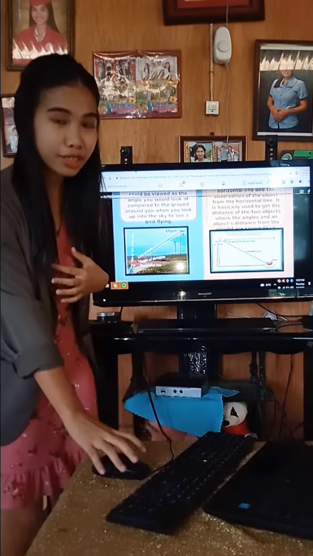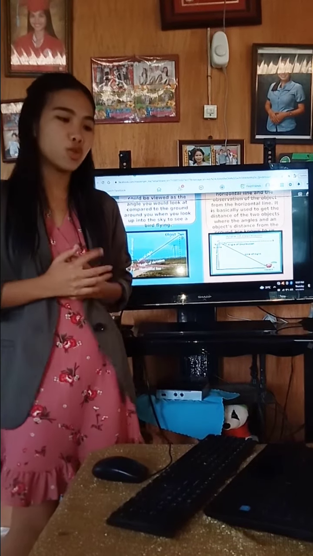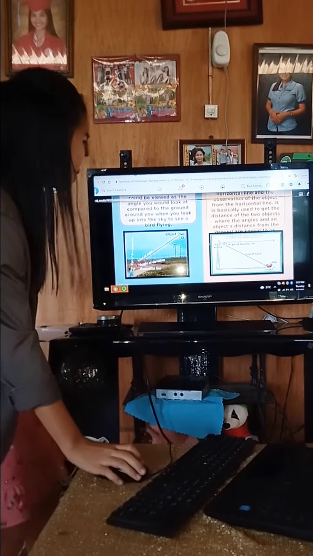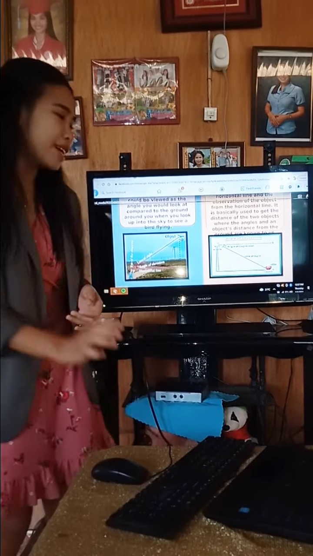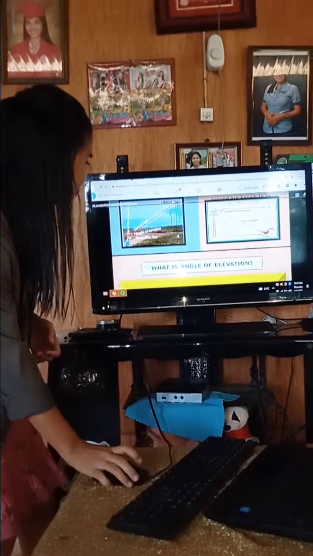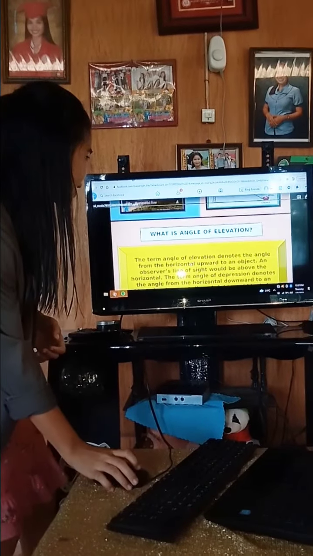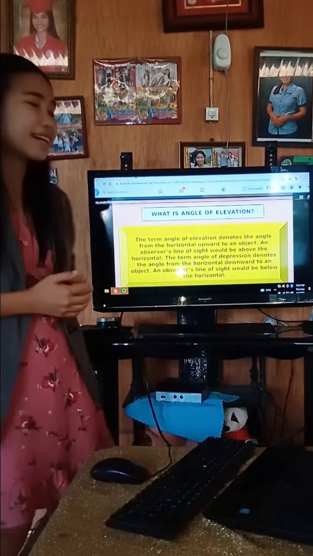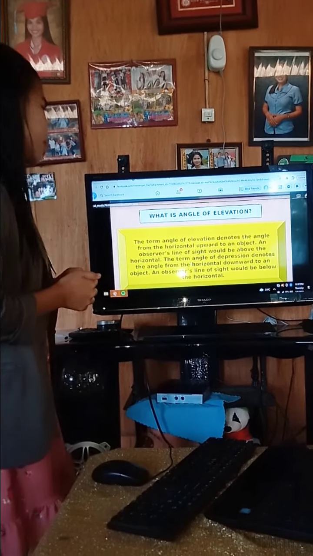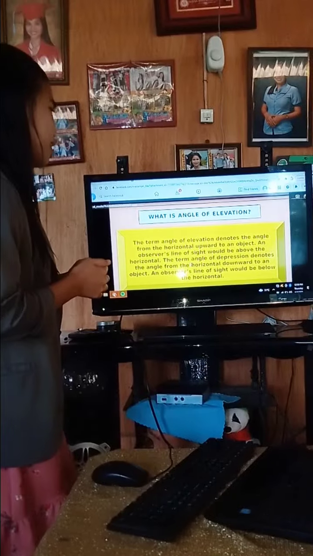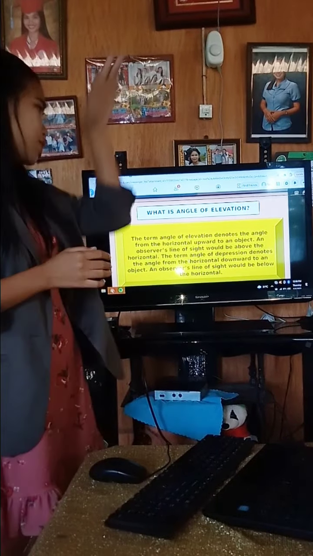For better understanding, I will explain it deeper. What are the angle of elevation and depression? What is the angle of elevation? The term angle of elevation denotes the angle from the horizontal upward to an object.